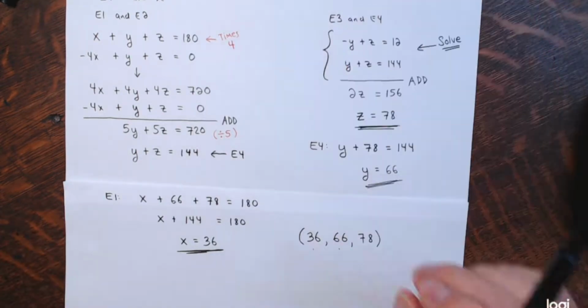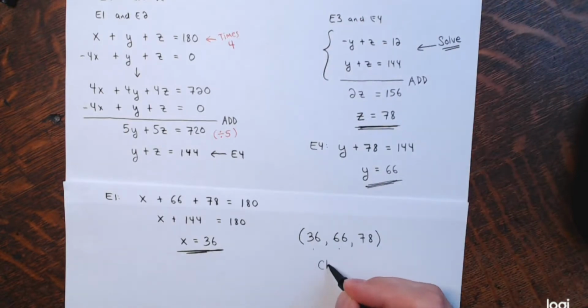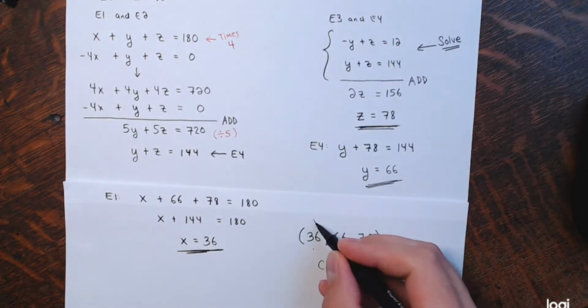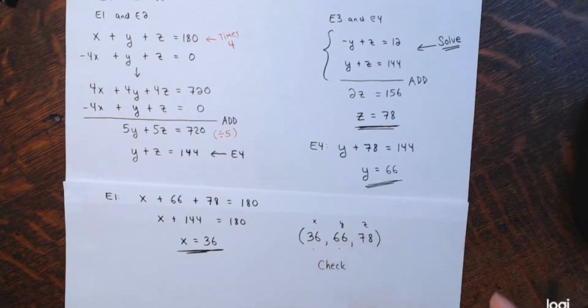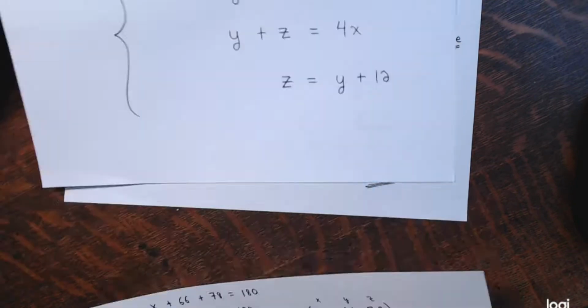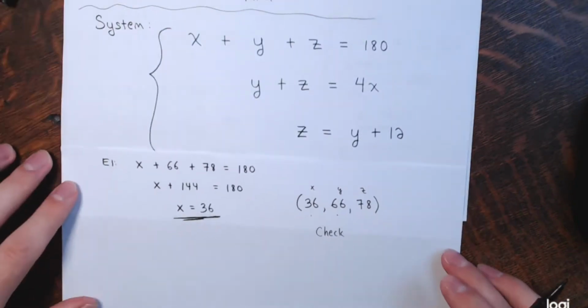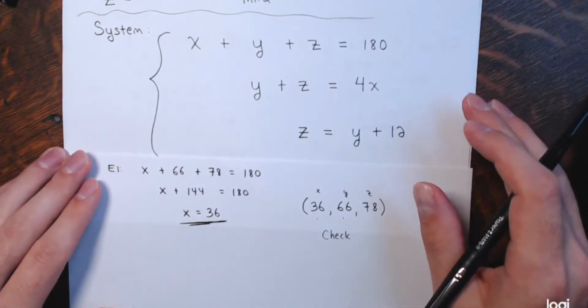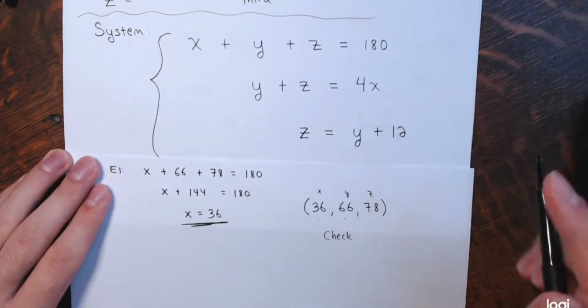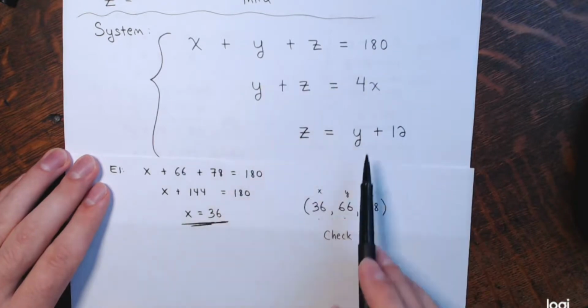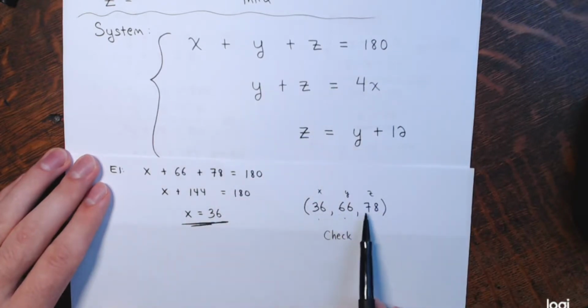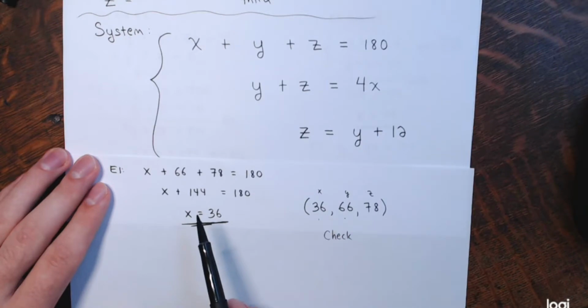Now don't forget to check your solutions, x, y, z. Go back to the way the system originally looked and see if it satisfies our statements. The sum of all three angles should be 180. Well, this is 36 plus 144. That is 180. That's true.